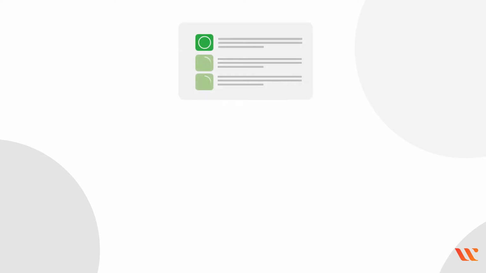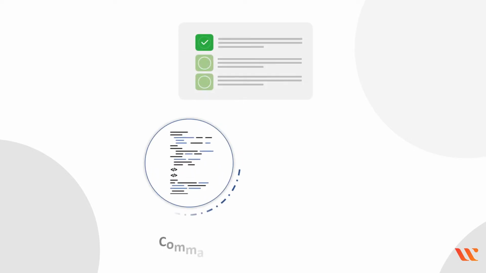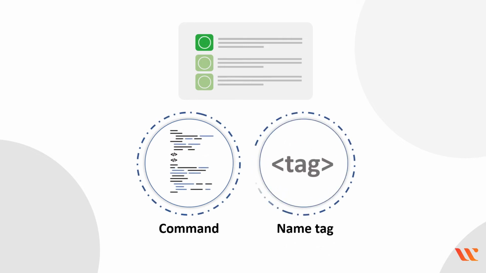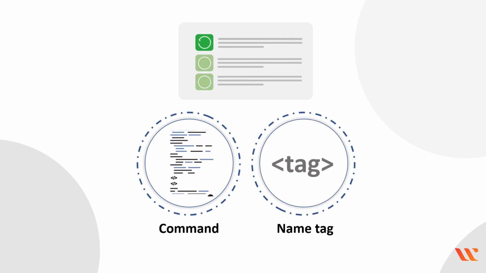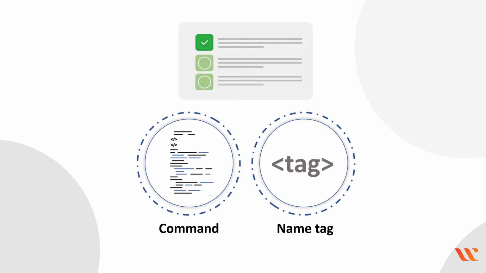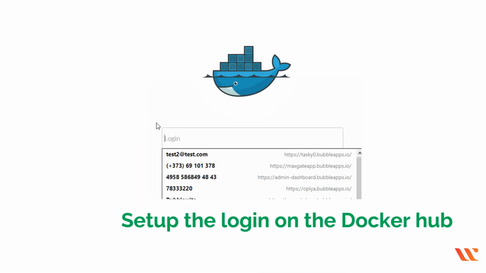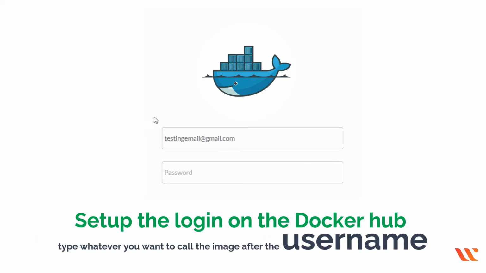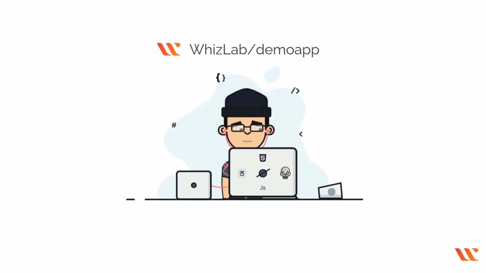There are a variety of options you can pass with the command, but for now, let's learn about tag, or -t. It's a name tag, so it'll be easier for you to remember, so you can find it later. Set up the login on Docker Hub before establishing a tag name. After that, type whatever you want to call the image after the username. Whizlabs/demo app, for example.